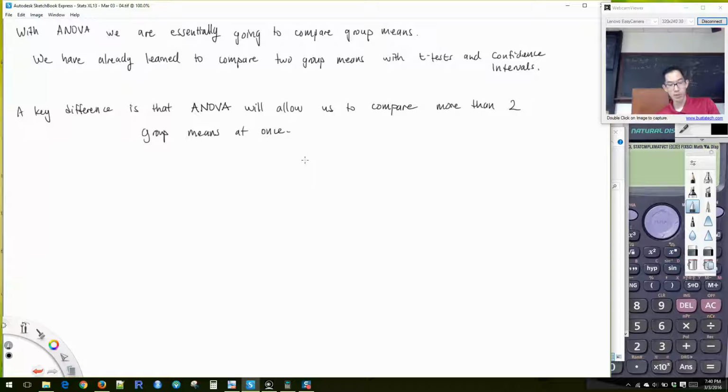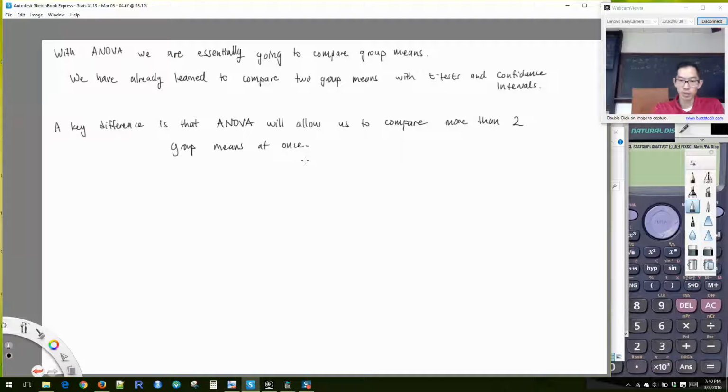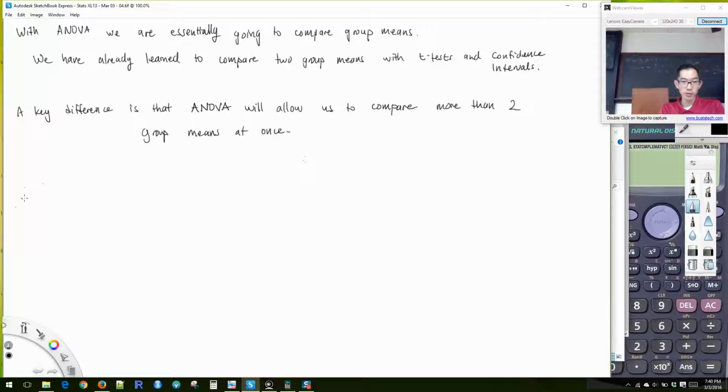There is a downside, though, and it's that the alternative hypothesis for ANOVA will always be non-directional. So for one-way ANOVA, let's say you have 4 groups. Your null hypothesis is all 4 groups have the same mean.